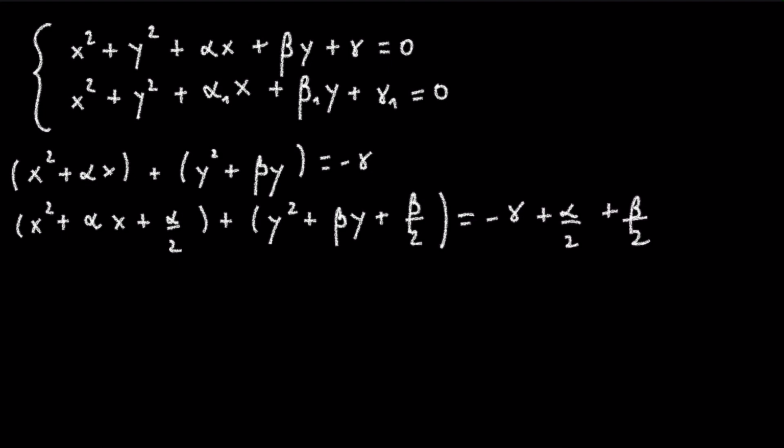We do this because then we want to write these terms here as x plus alpha divided by 2 squared.